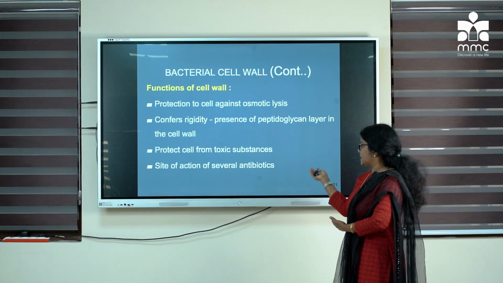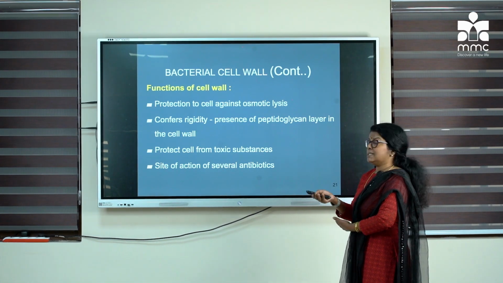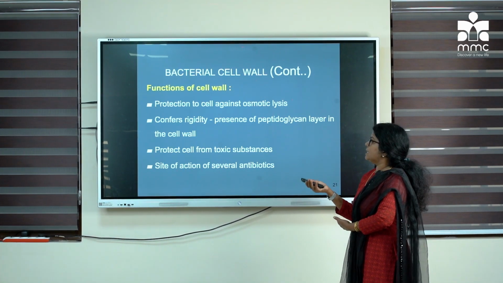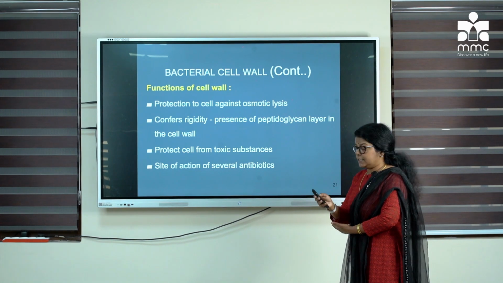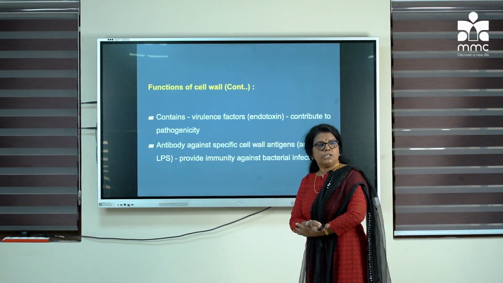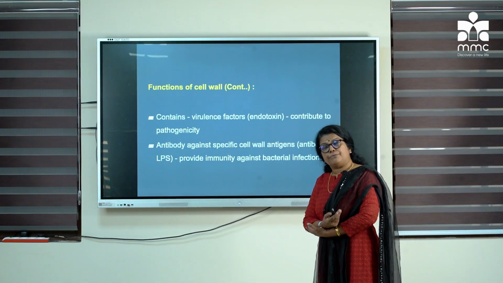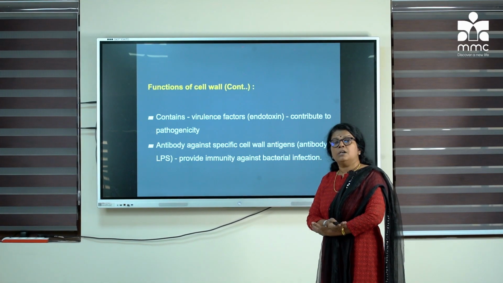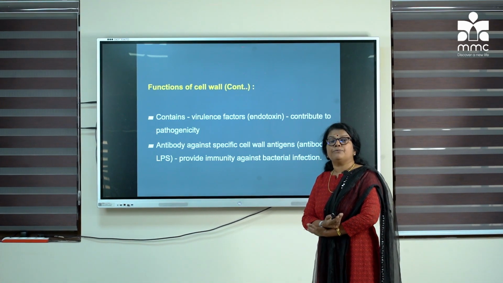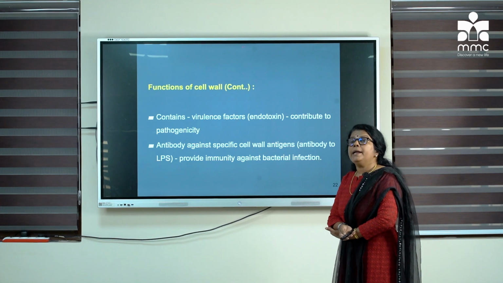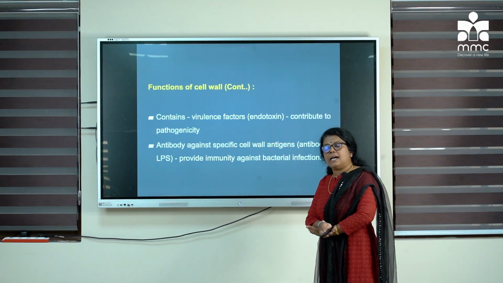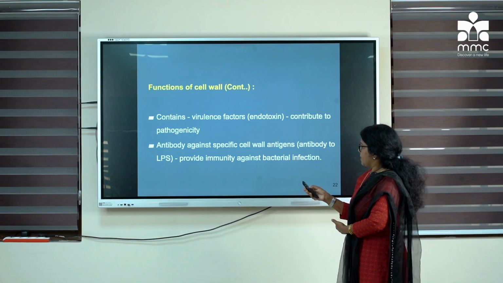It protects from toxic substances in the surroundings. This is a site of action of various antibiotics also. It confers rigidity and ductility to the bacterial cell. It also has many virulence factors. The cell wall has many antigens, which are important virulence factors of the bacteria, and antibodies are also produced against the bacterial cell wall antigens in the host.